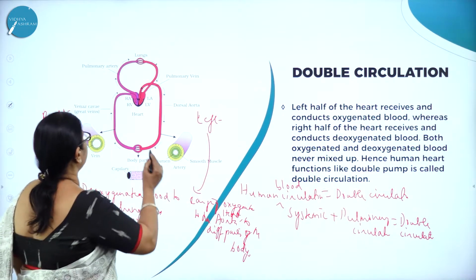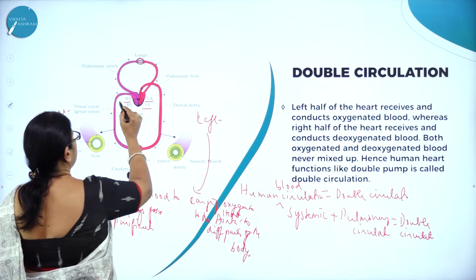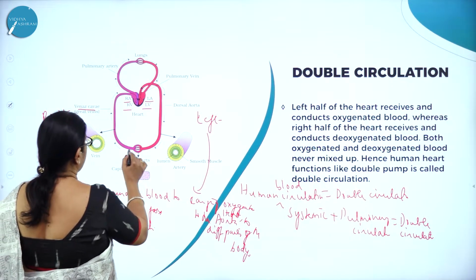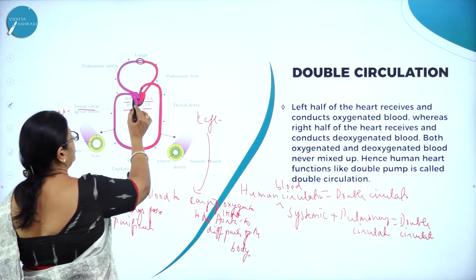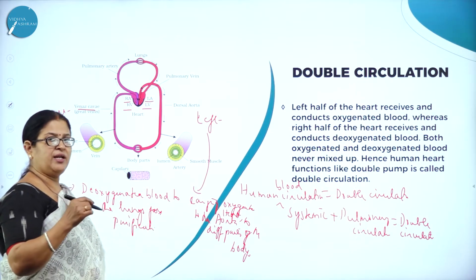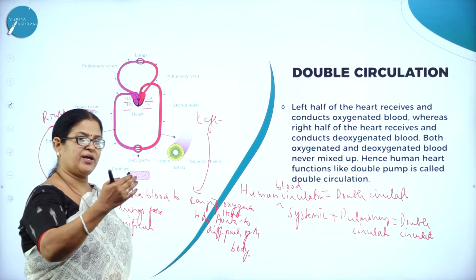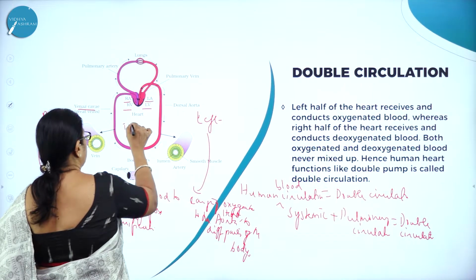Here we can see the right auricle and right ventricle, and the left auricle and left ventricle. The superior vena cava and inferior vena cava collect the impure blood from the upper and lower parts of the body and pour it into the right auricle. In between the right auricle and the right ventricle, there is a valve called the tricuspid valve.